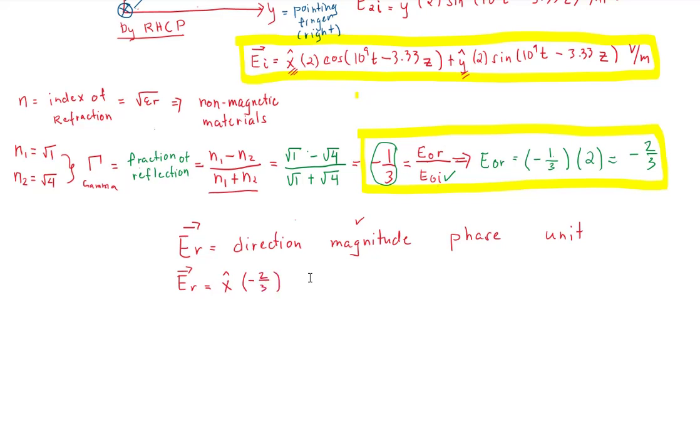Then write down our phase, it's still the same, cosine 10 to the 9 for our omega t.